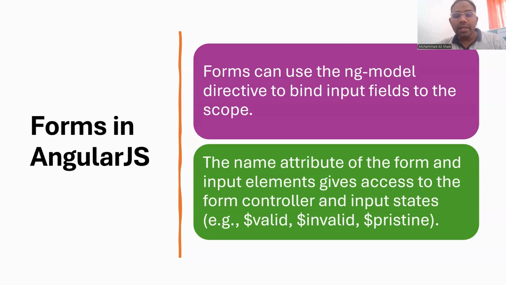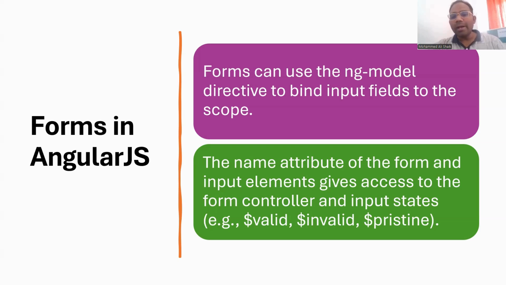AngularJS enhances traditional HTML forms by providing two-way data binding, real-time validation, and easy-to-use directives to manage form states and input elements. The functionality makes the forms dynamic, interactive, and easier to integrate with the application logic.